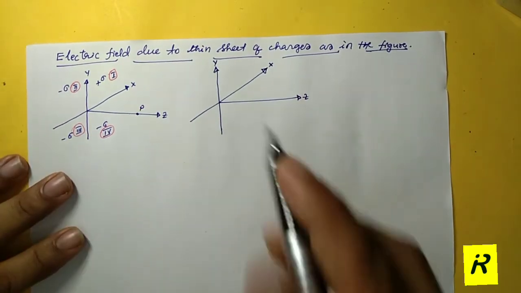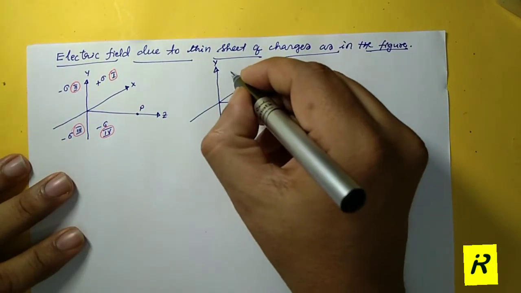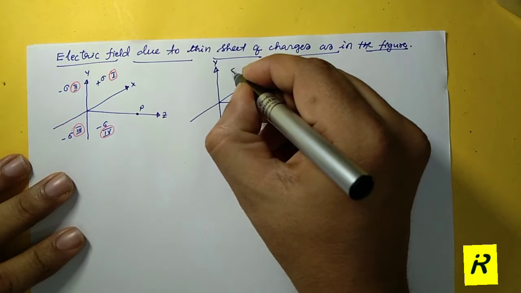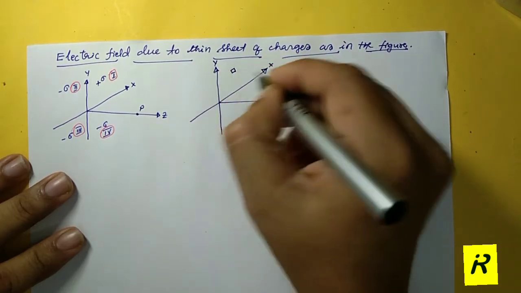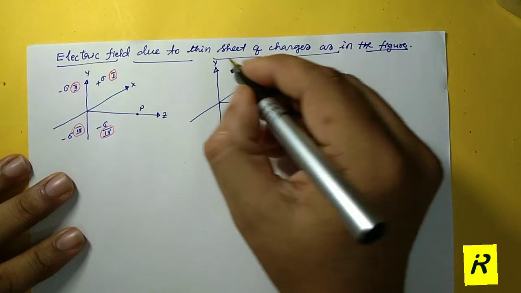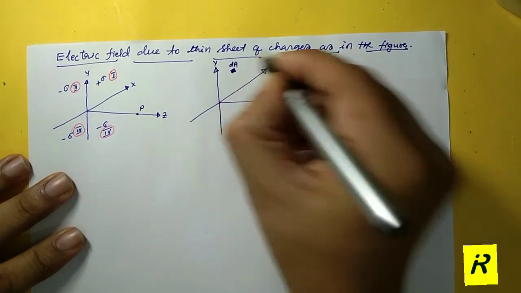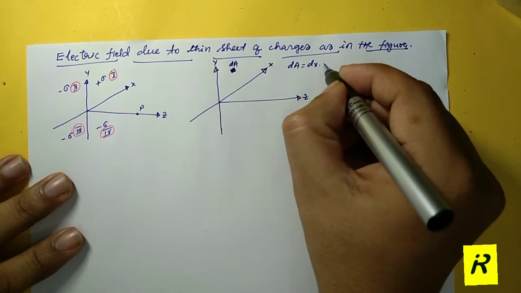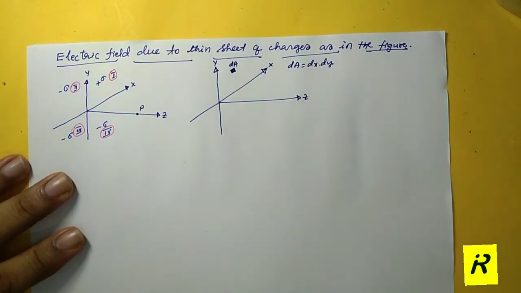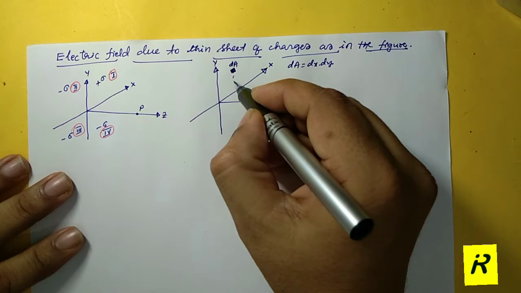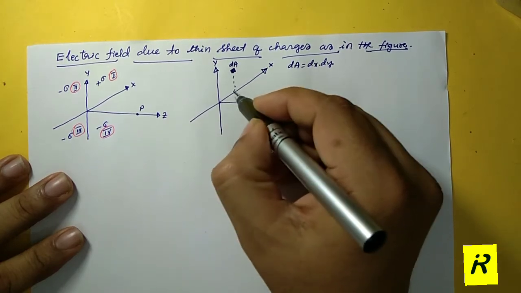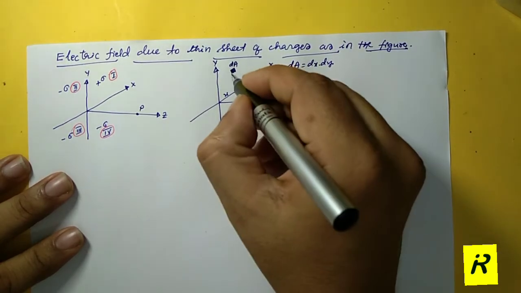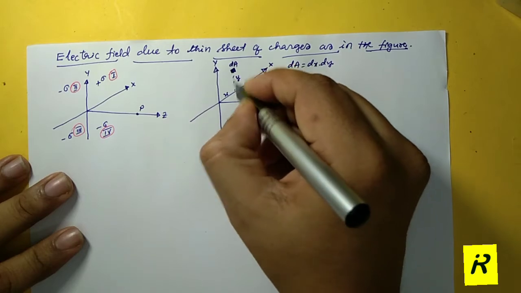I am taking a small area somewhere here in the xy plane. This area is dA, and dA is equal to dx into dy. That means its distance along the x-axis is x and along the y-axis it is y.